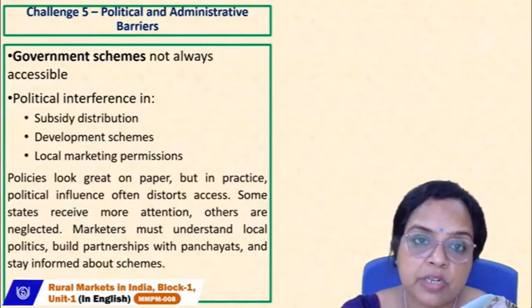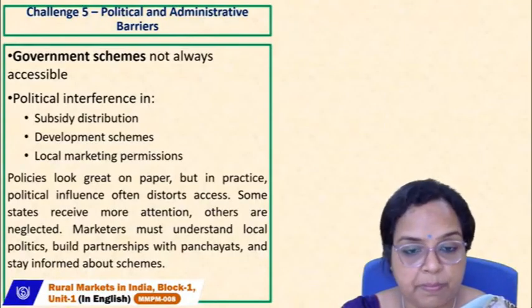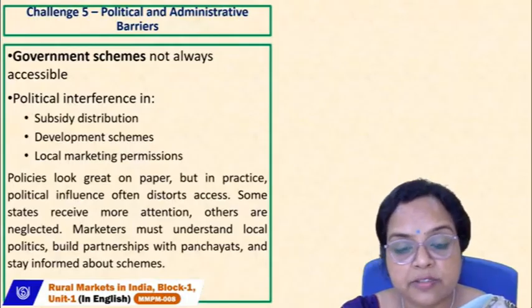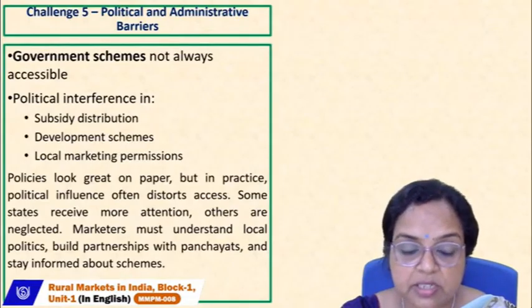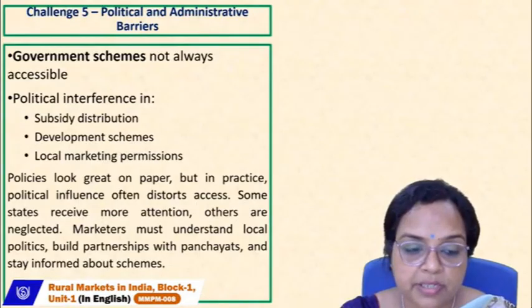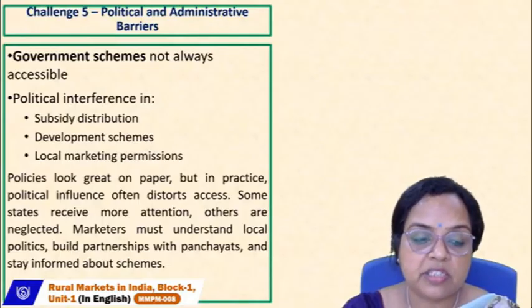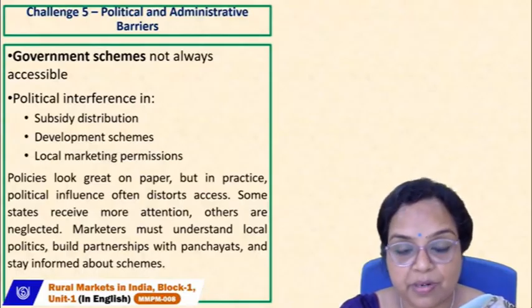So the marketer has to take these things into consideration. Policies look great on paper, but in practice, political influence often disturbs access. Some states receive more attention, others are neglected. Marketers must understand local politics, build strong partnerships with the panchayat, and stay informed about the schemes while introducing or selling their products.